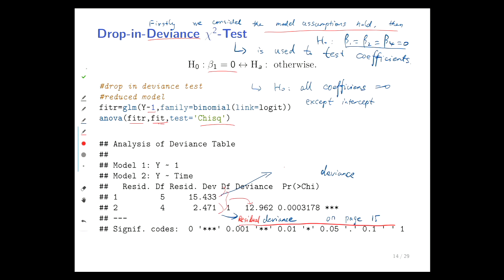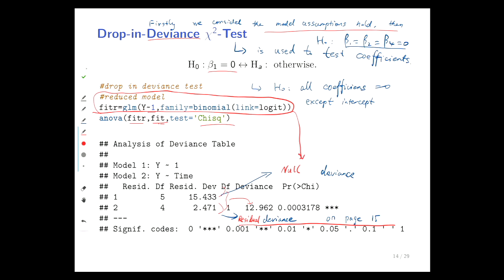Here, our reduced model is the model with the intercept only. Because this model has no explanatory variables, it is called a null model. You can consider it this way.